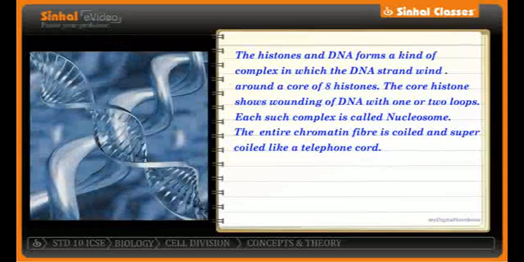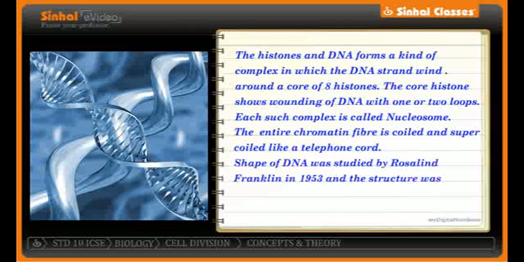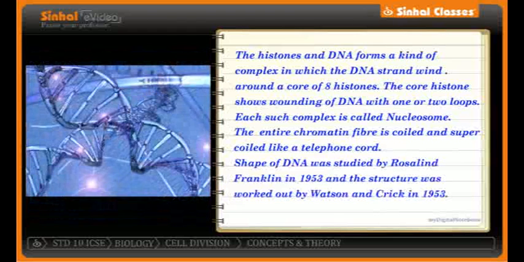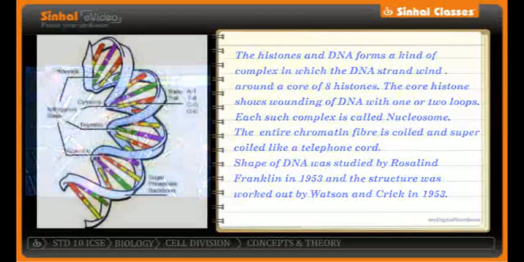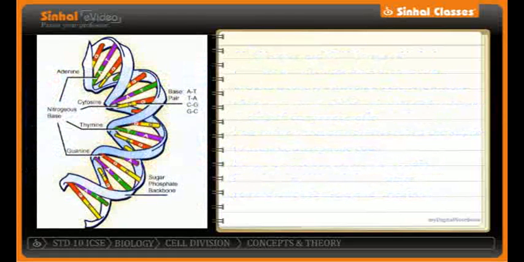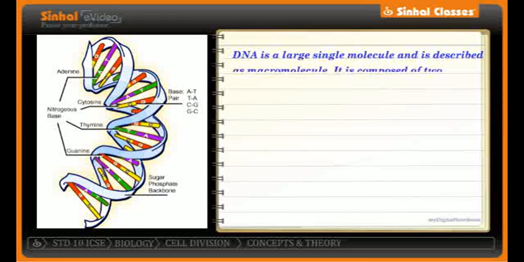DNA structure and shape were studied in detail. The shape of DNA was studied by Rosalind Franklin in the year 1953. In the same year, Watson and Crick gave the structure of DNA. DNA is a large single molecule, hence it is also described as a macromolecule.